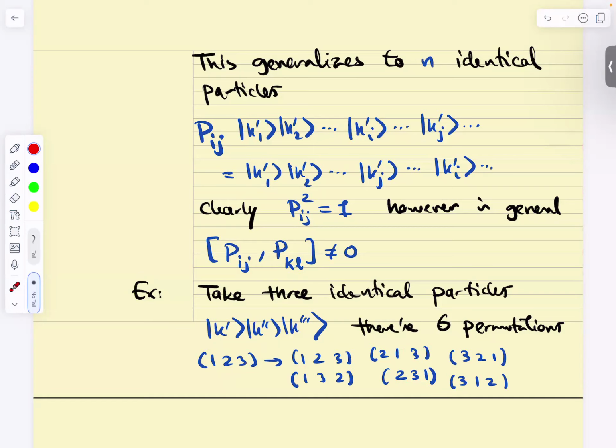Those are 2 options. Keep that in mind. For example, this state is related to this by an even number of swaps, whereas this state and this state are separated by an odd number of swaps. Good?